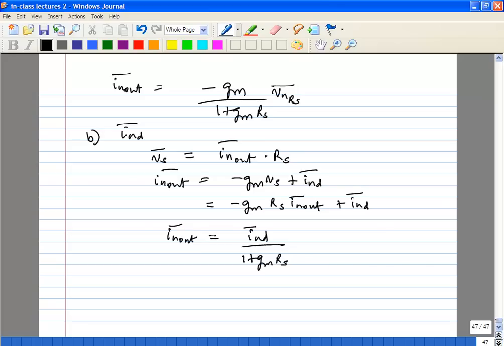Now what else do you know? You also know one more thing. When you want to match, you're going to make sure gm is 1 over Rs. Right? So what is this guy? Minus gm over 2. And then I'm also going to rewrite this like this.